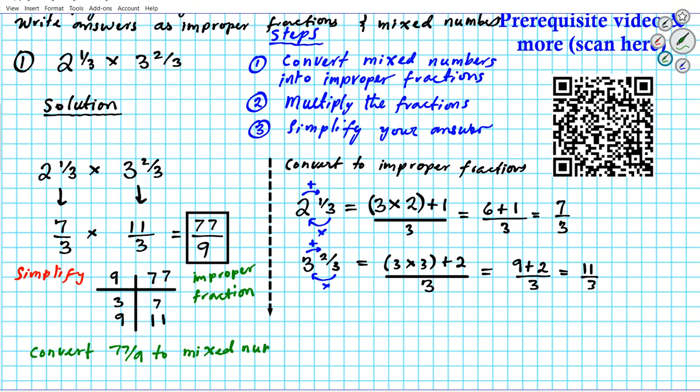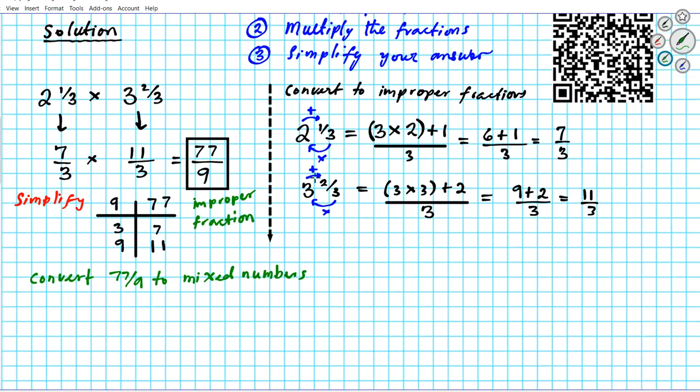So we get the second form of the answer. To do this, we're simply going to use our long division algorithm to accomplish the conversion. 77 over 9 is the same thing as 77 divided by 9, long division.